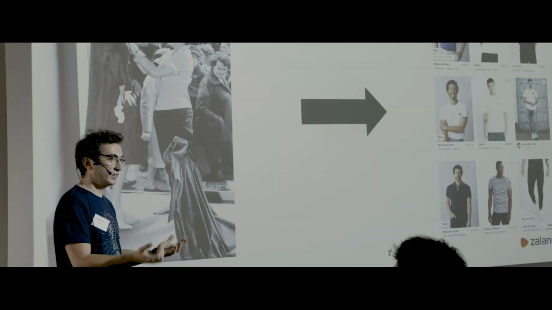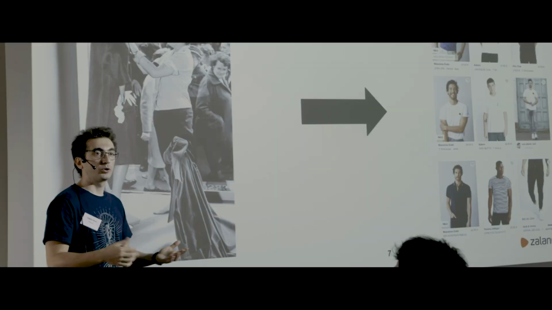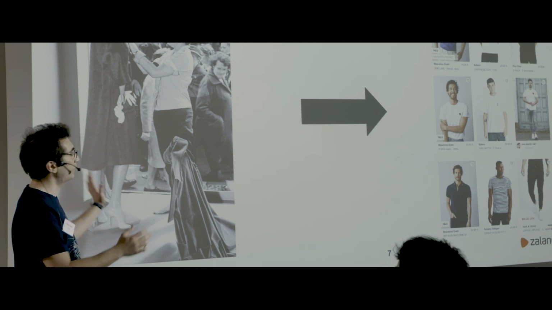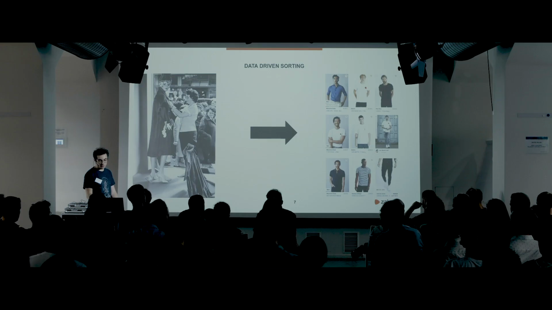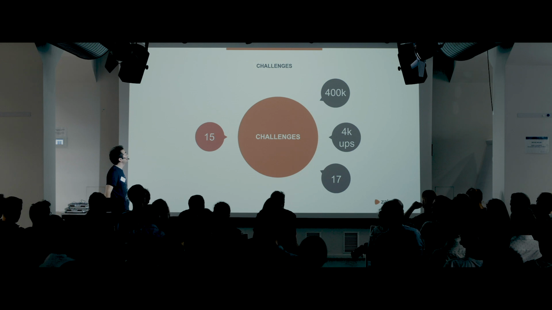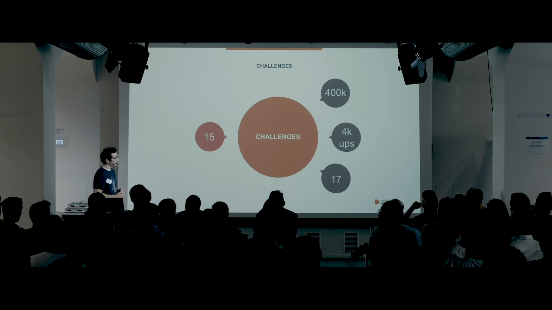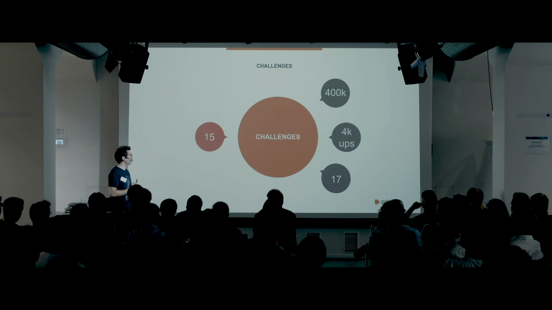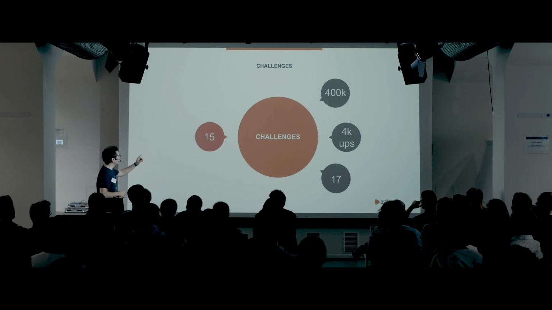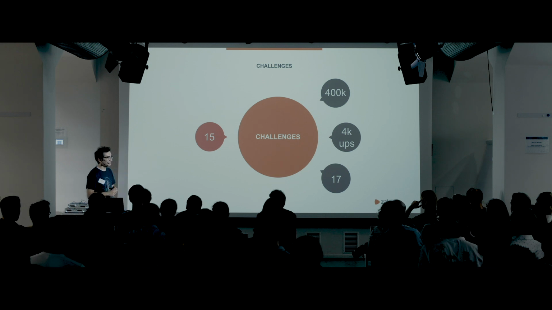We use data, as you might guess. So our team name is data-driven sorting, and we gather data and try to solve the sorting problem in a data-driven way. Therefore, our team is called data-driven sorting. Some challenging numbers that we have: as I said, we have over 400,000 products, and those products are updated 4,000 times per second, and we are live in 17 different countries, and this 15 is a quite interesting number for me.